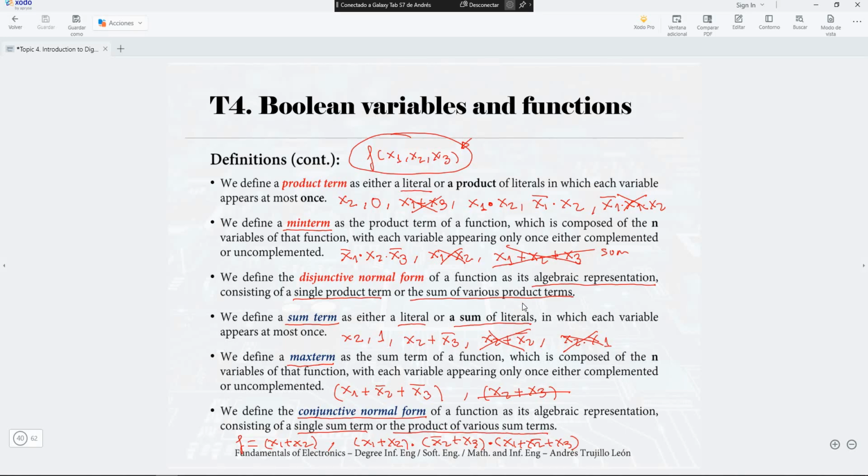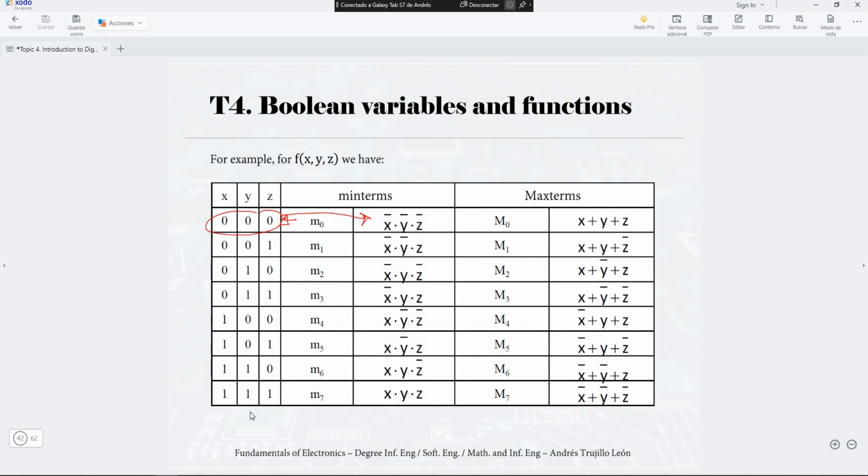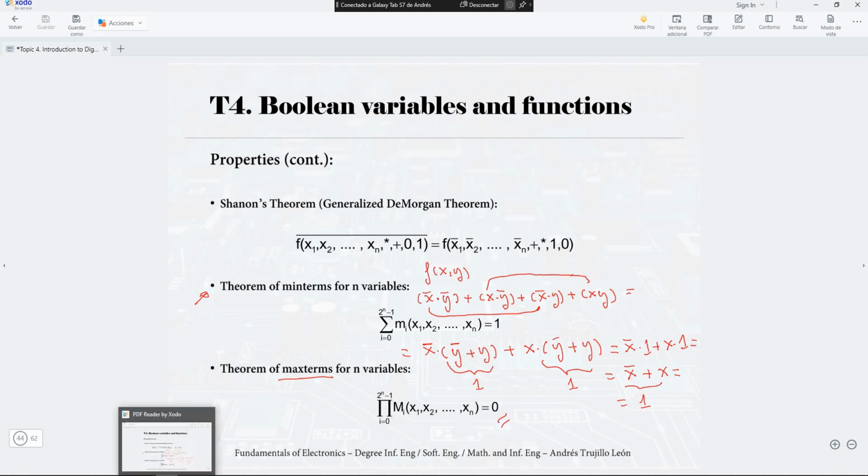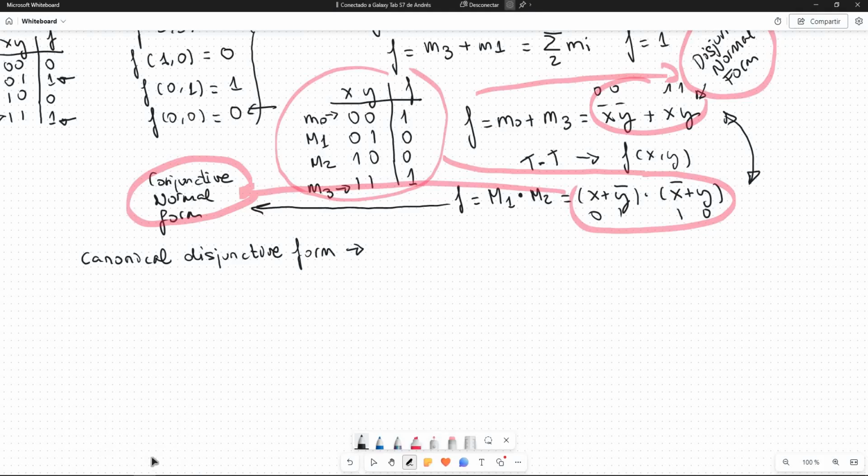If these sum terms and these product terms are minterms and max terms, that means that all the variables appear, we have the canonical disjunctive and conjunctive forms. So the canonical disjunctive form is a disjunctive form in which all the terms appear.